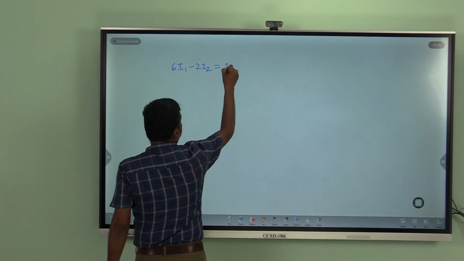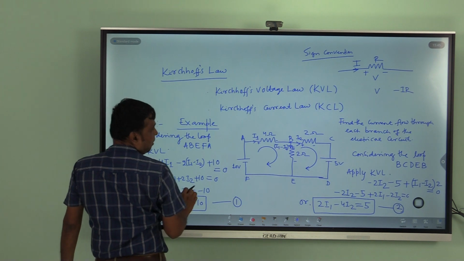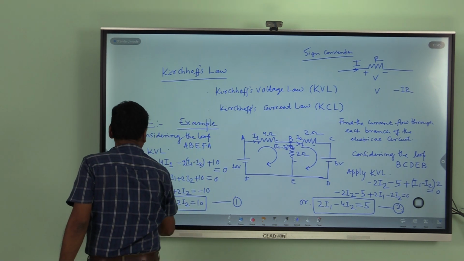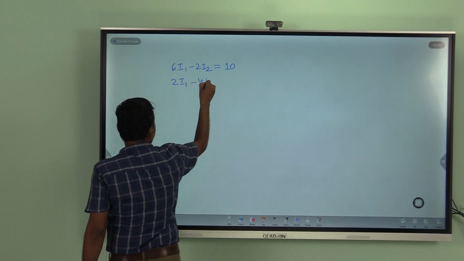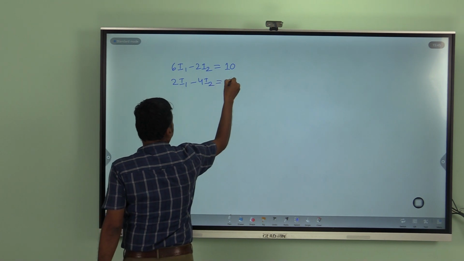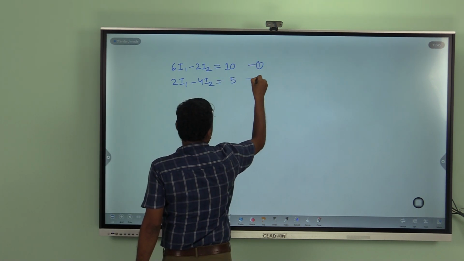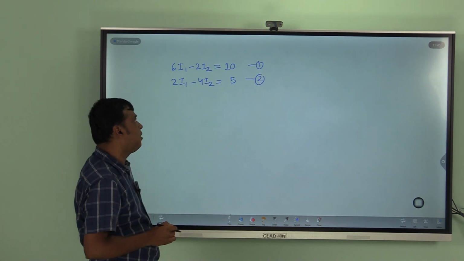Another one is 2 I1 minus 4 I2 equal to 5. This is your equation 1 and this is your equation 2. Solving for I1 and I2, you will get the values of I1 and I2.